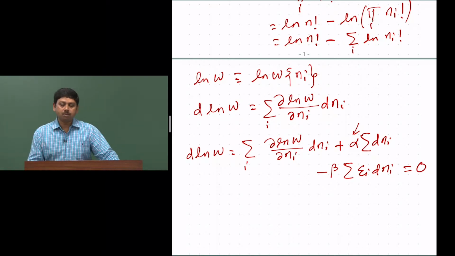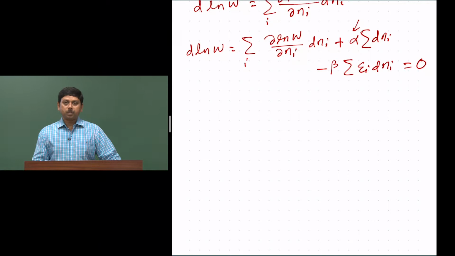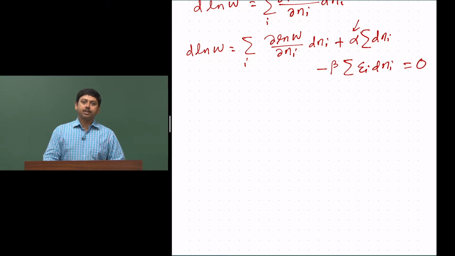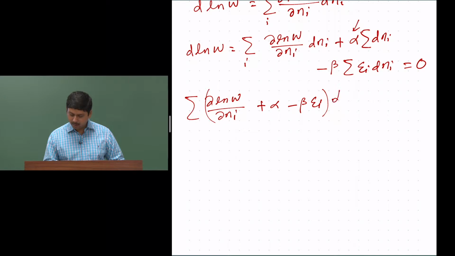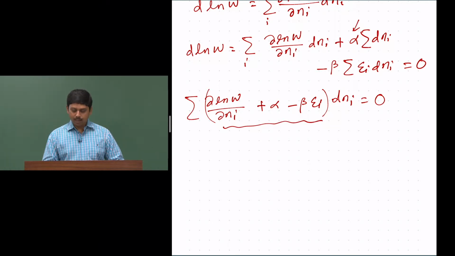As you know, for a maximum or minimum of a function, the differentiation has to be done and equated to 0, because that gives us the value of maximum and minimum. So, now when you write them together, the sum over i of del ln W by del Ni plus alpha minus beta Ei, times d Ni, gives me 0, which means the quantity inside has to be 0.